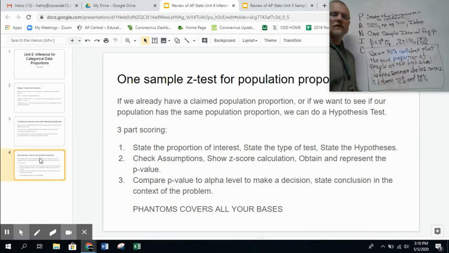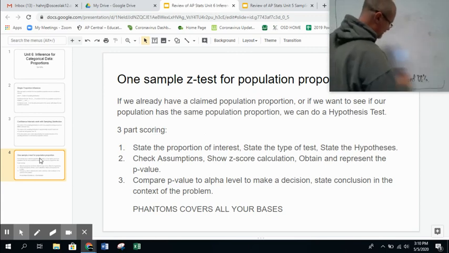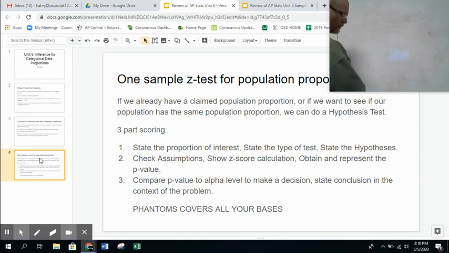Okay. Now, a one sample z-test for population proportion. Proportions always use a z-test because we always have the approximately normal thing going on. When we do means, it's always a t-test because we don't know the standard deviation. When we do PHANTOMS, I'm going to let you review what PHANTOMS is in your notes.